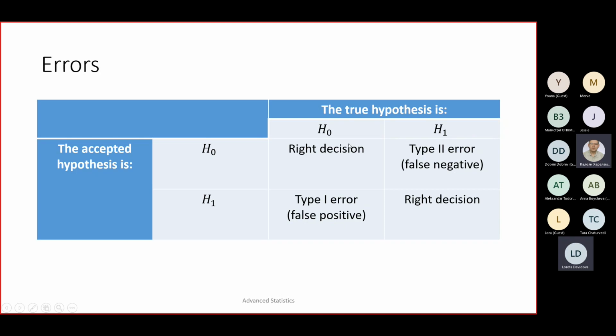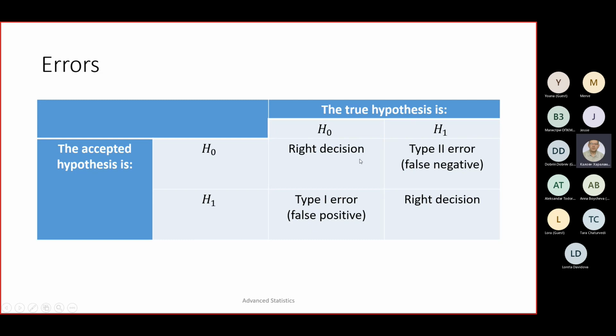And you can see here that if the null hypothesis is true, and our data and our calculation lead us to the acceptance of null hypothesis, then we will make right decision.